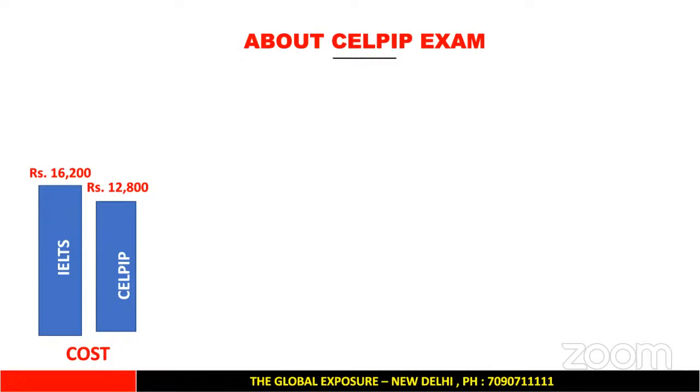At that time, you can again go for the CELPIP exam in Canada. So that way you can use this CELPIP score for applying for PR, or even after converting your PR status into Canadian citizenship.